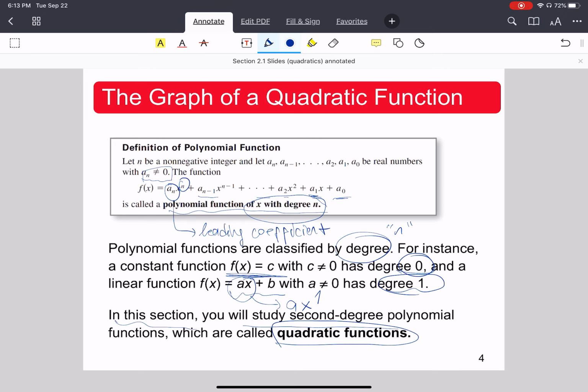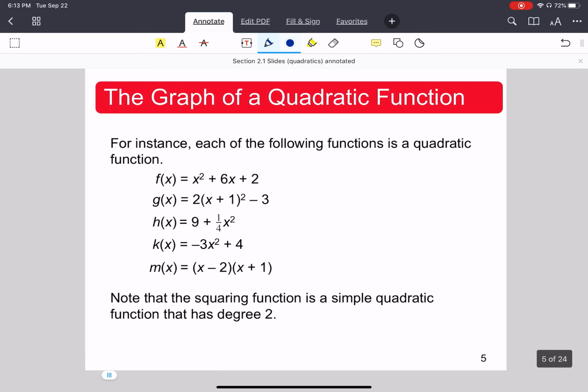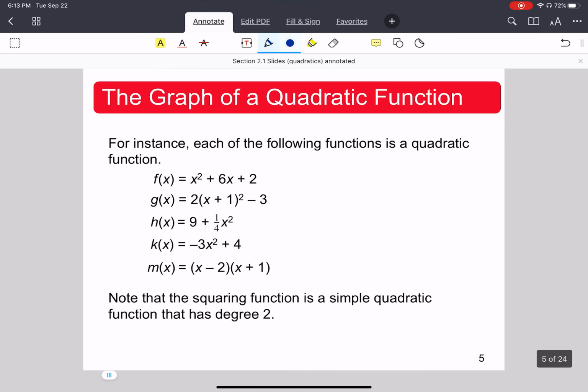So in this video, we'll focus on quadratics. Here are some examples of quadratic functions. You guys realize f of x equals x squared plus 6x plus 2, or you may see some different variations that look a little bit different. Here we have 2 times x plus 1 squared. Because this thing is squared, x is going to be squared, so that's how we know it's a polynomial.